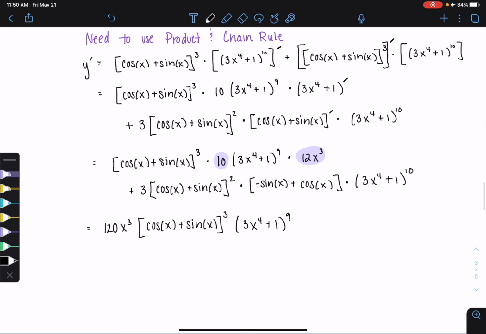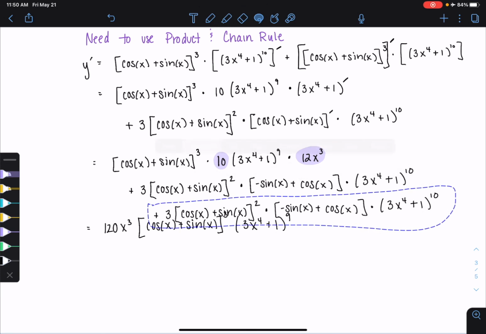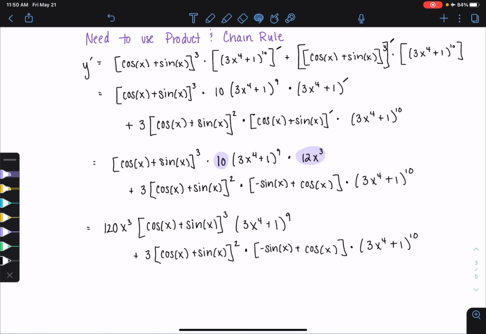And then this second piece really can't do a whole lot of. You can simplify it further. You can take out some of these cosine plus sine squareds. You can take out some quantity of the 3x to the 4th, but this is perfectly fine to leave here.